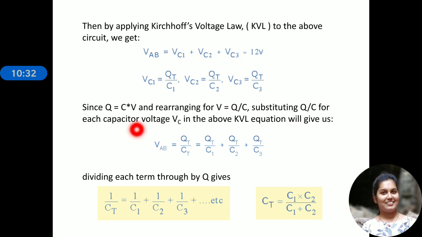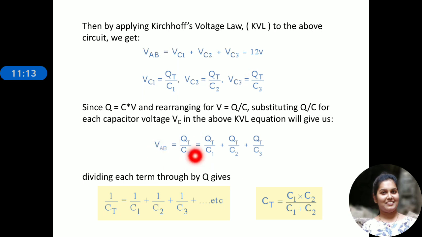Then this expression will become VAB is equal to, you can see here, the first expression can be rewritten as Qt by Ct is equal to Qt by C1 plus Qt by C2 plus Qt by C3. Okay, is it clear? According to KVL, we have written this expression for the particular circuit we have drawn. So in this expression, I have substituted the value of VC1, VC2 and VC3.